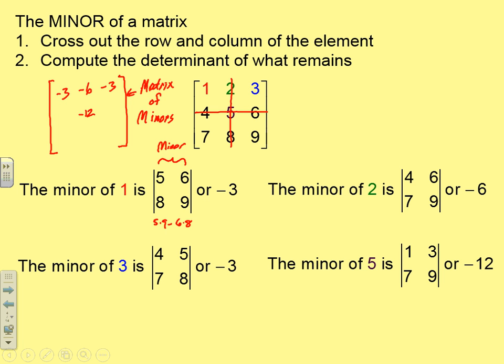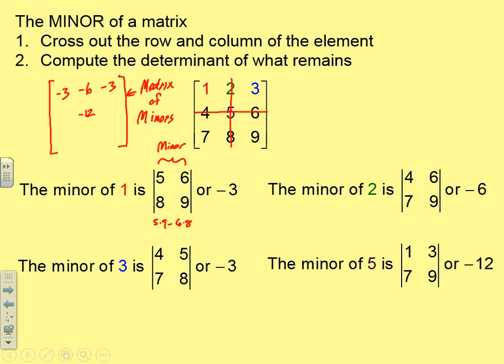If we had to calculate the inverse of a 3 by 3 matrix by hand, we would have to finish filling out that matrix of minors and do it for all 9 numbers of the original matrix that we were given. So that's what we would do.